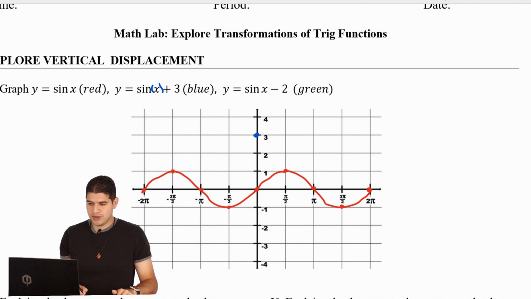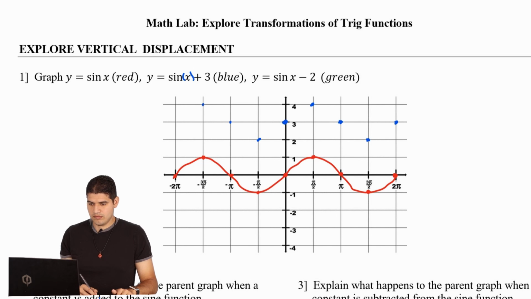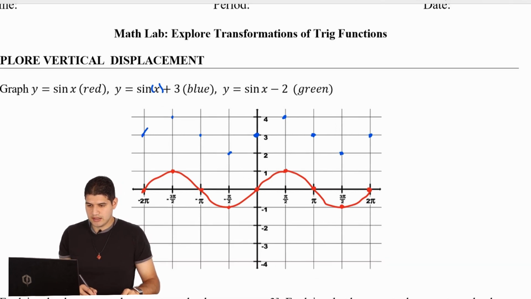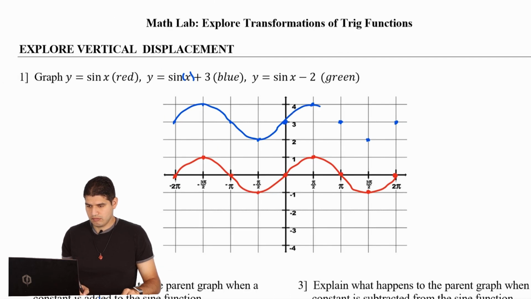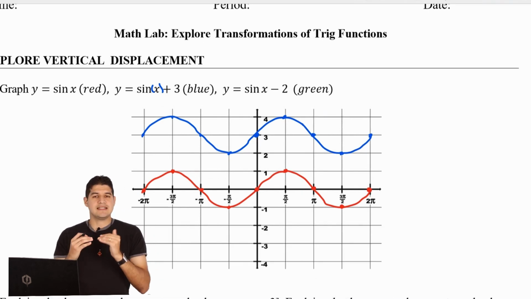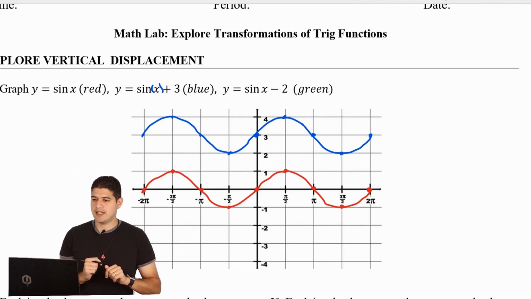At pi over 2, it was at 1, so I'm moving that one up 3 times. And then we're going from there. So those are some key points that we have. And let me get this graphed in here. There we go. So you can see it's the exact same function, just shifted up 3 times.